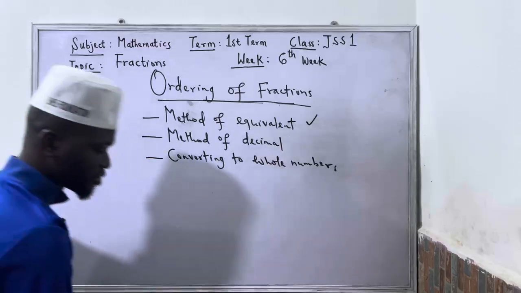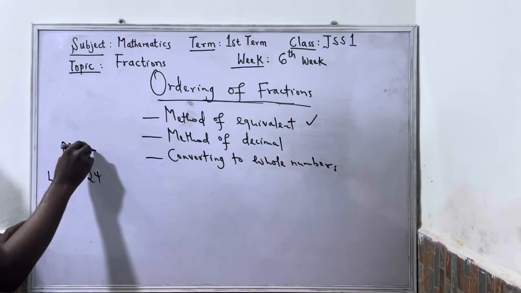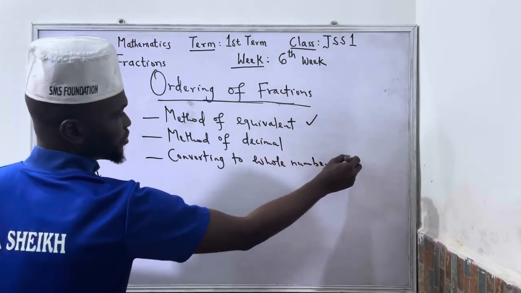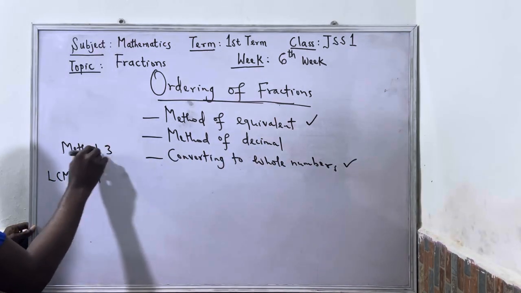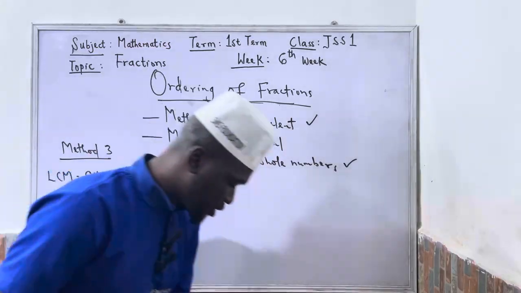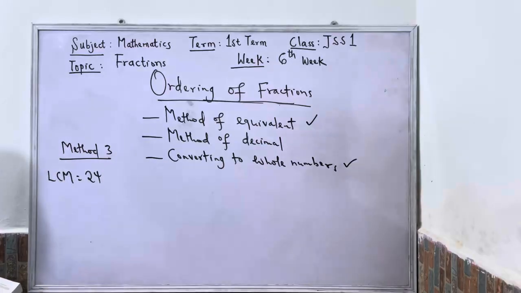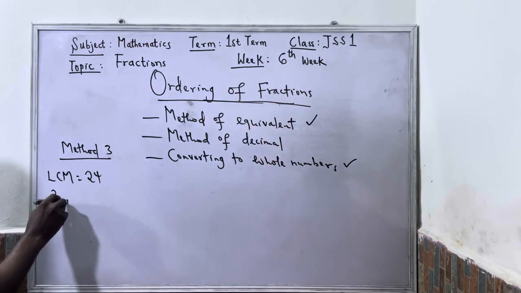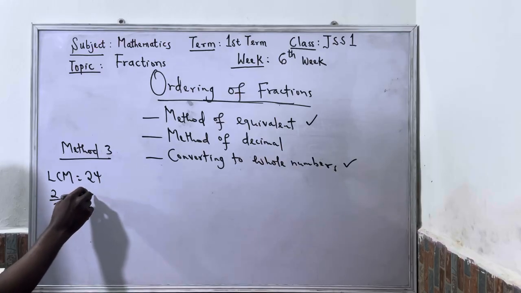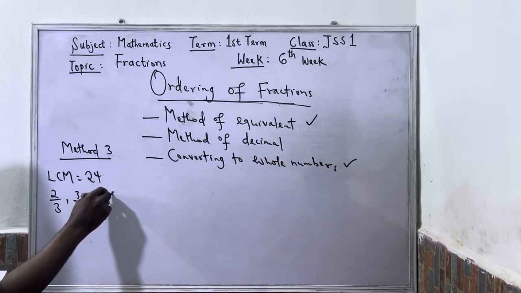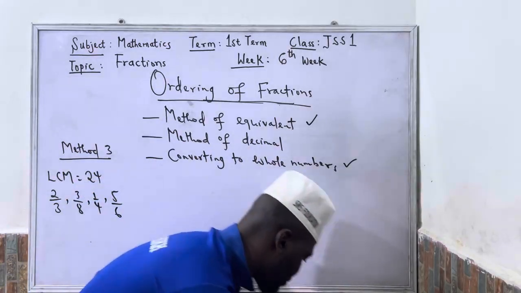So we are dealing with method 3 now. So for method 3, let me rewrite the fractions again. So we have 2 over 3, 3 over 8, 1 over 4, then we have 5 over 6. Very good. Now, these are the fractions.